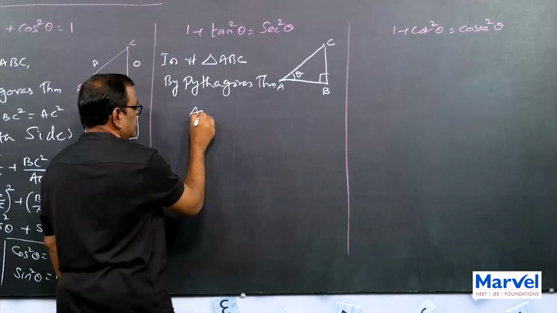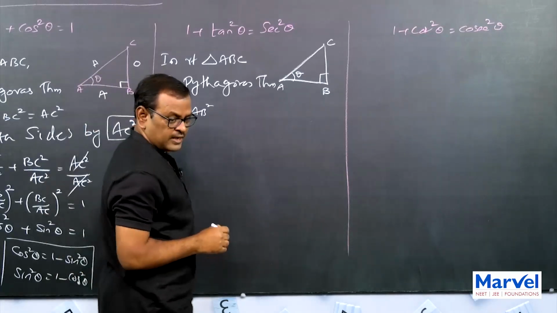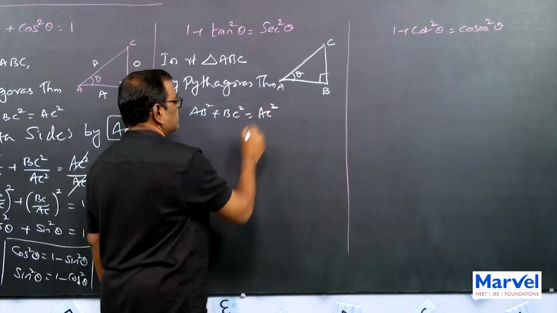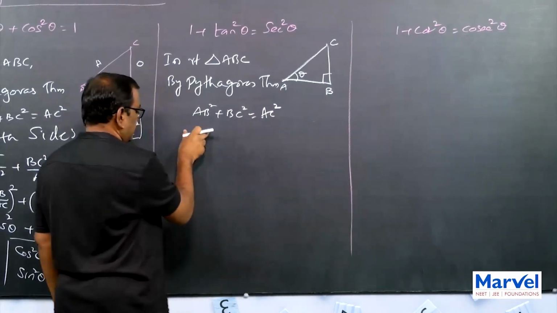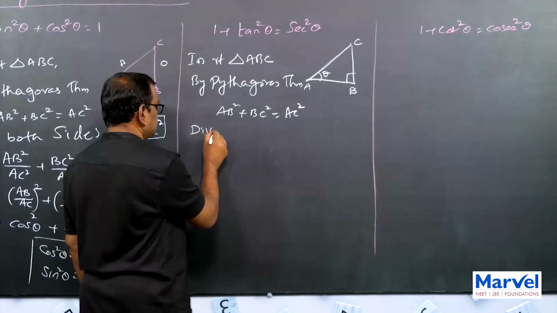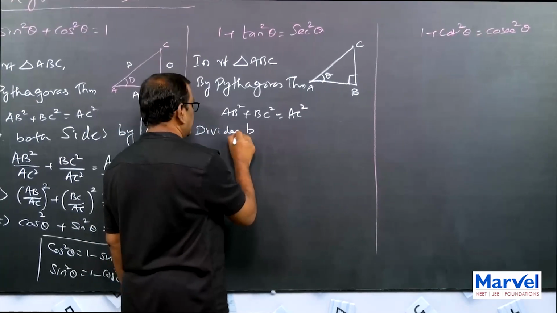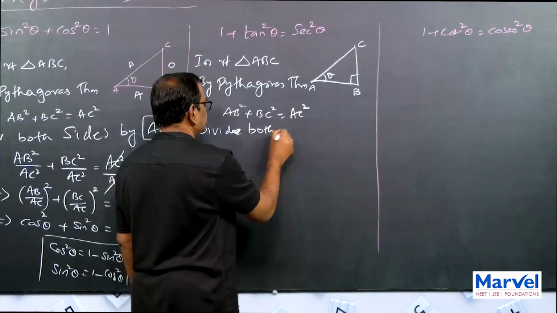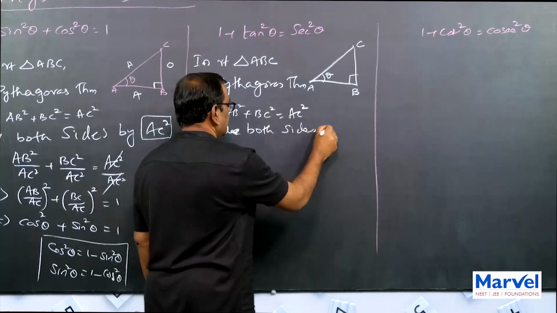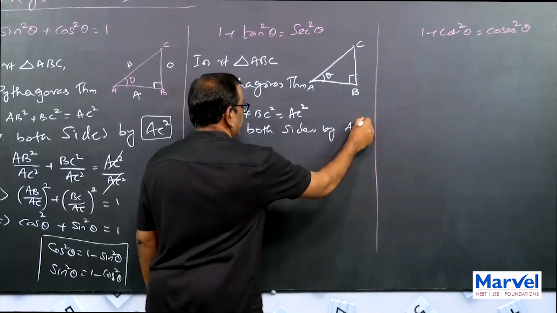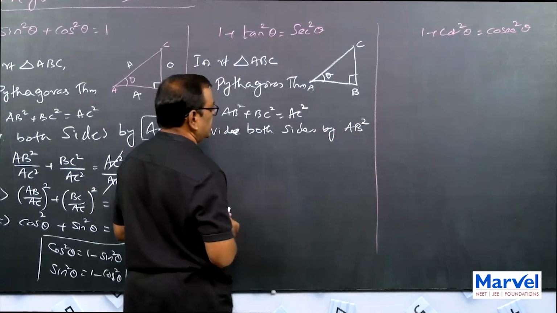AB square plus BC square equal to AC square. So this step is very important. Divide both sides by AB square.